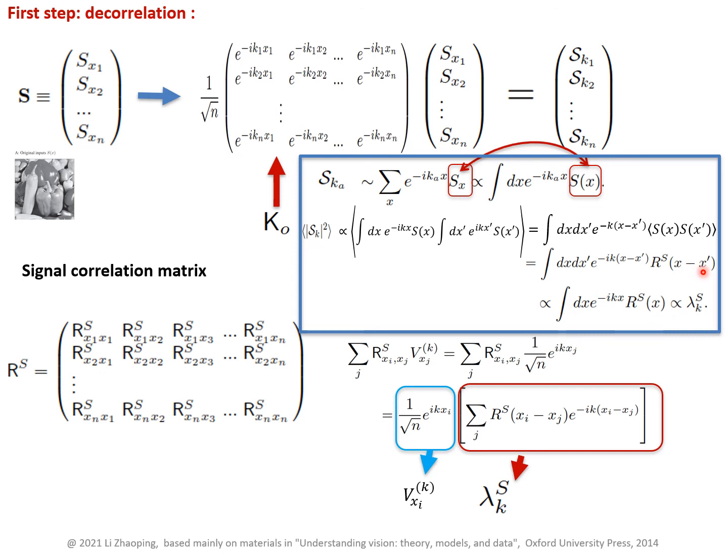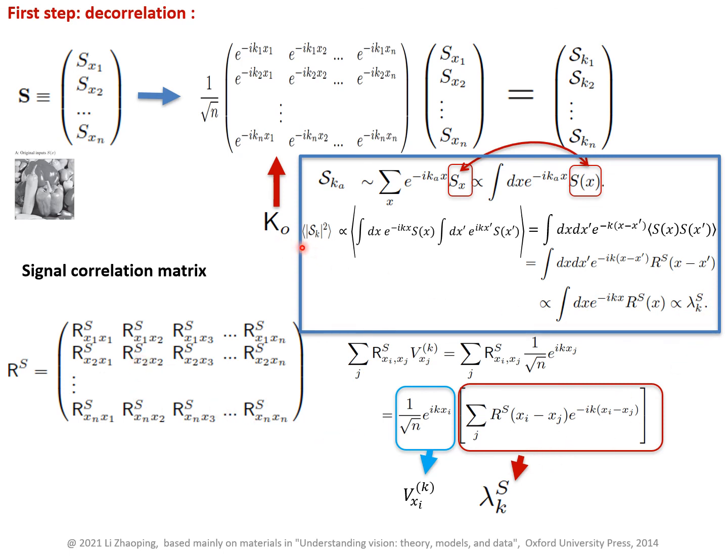So x minus x prime becomes x, and you recognize this is the same as that, just x_i minus x_j becomes x. And so this whole thing really is the eigenvalue of this matrix, as we know.